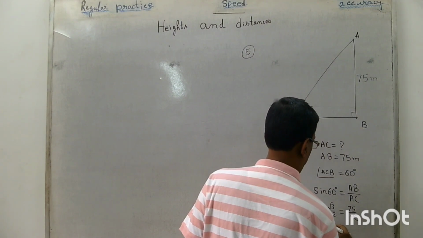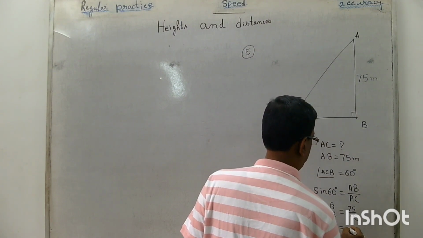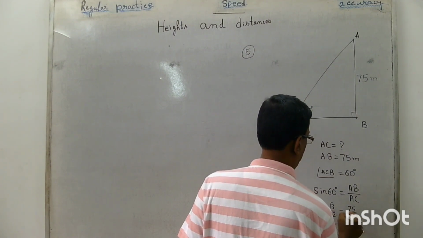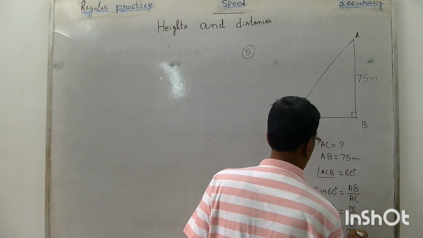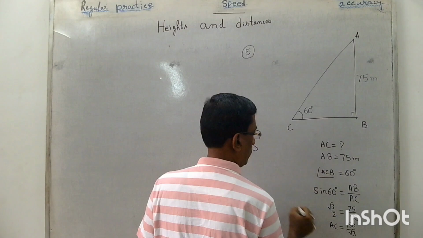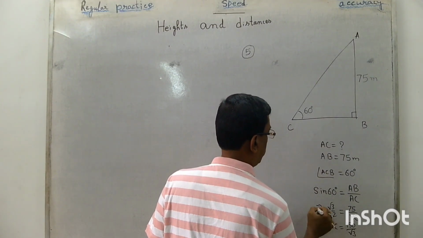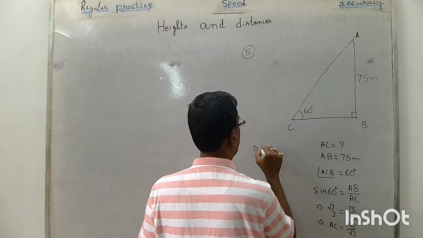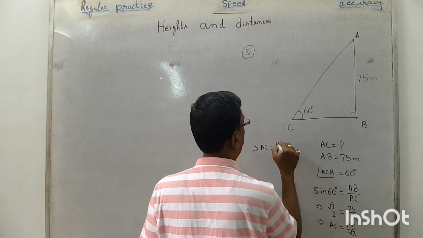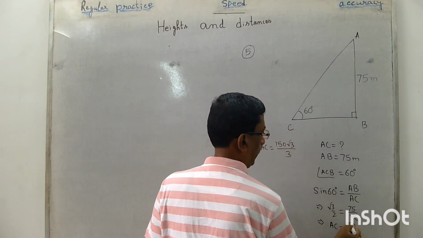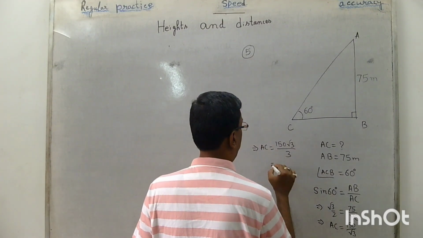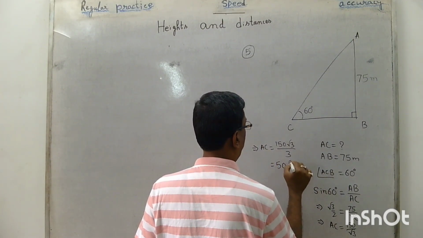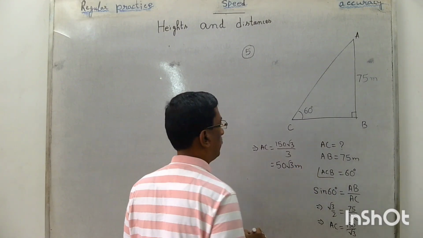So AC will be 150 by root 3, which implies AC equals 150 root 3 by 3. That means multiplying the numerator and denominator with root 3. It is 50 root 3 meter. Clear?